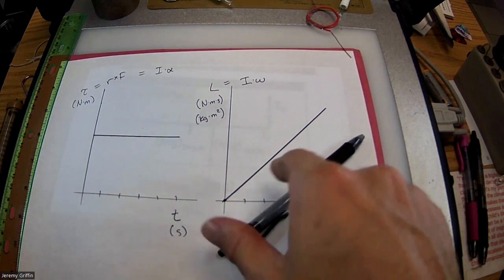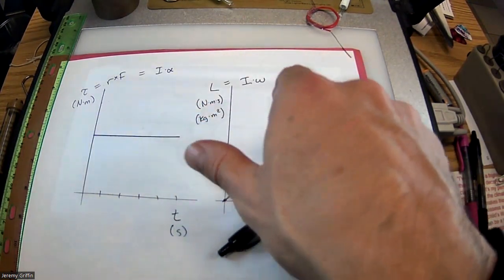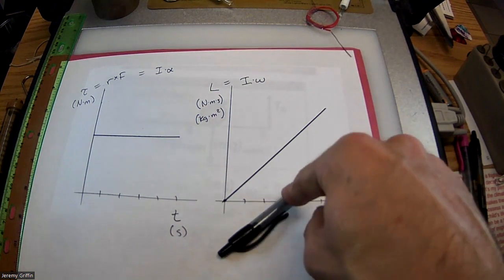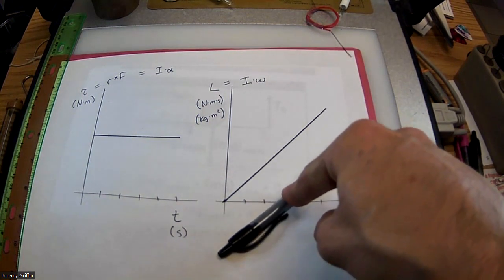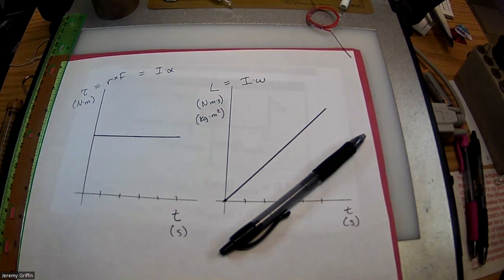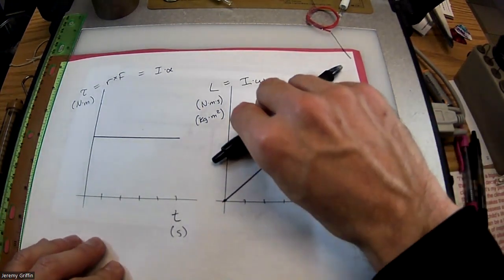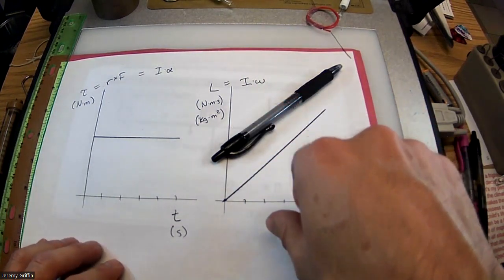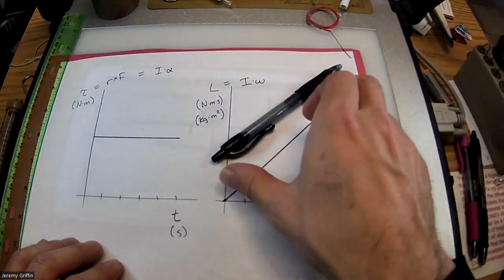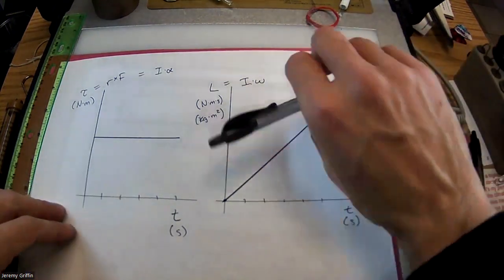Then at some point it's going to slow down and come to rest for 1 instant and then turn around and start speeding up the other way. This point right here would be where it came to a brief stop. When I say stop, it's analogous to throwing a baseball straight up in the air: it has 0 velocity at the very top, only for 1 moment. And if it was already spinning in the positive direction and you're applying a positive torque, then maybe you can move the line up here.